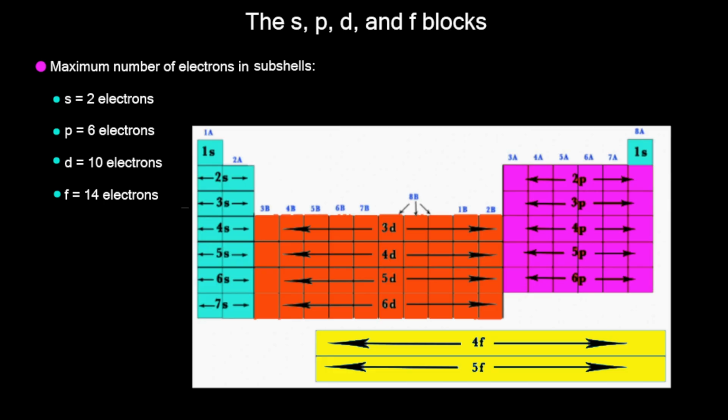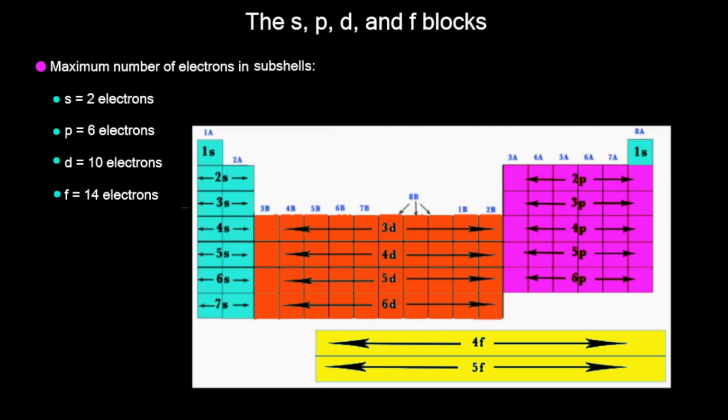Elements in this block have their highest energy electrons in an s subshell. The s subshell can hold a maximum of 2 electrons, which is why the s block consists of 2 columns, with each column corresponding to the addition of 1 electron.